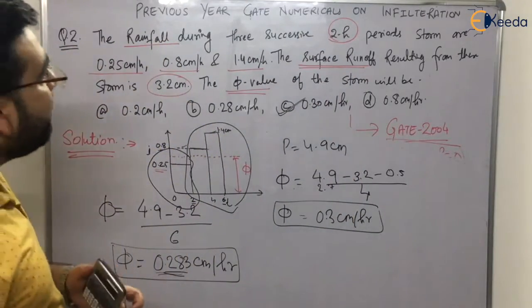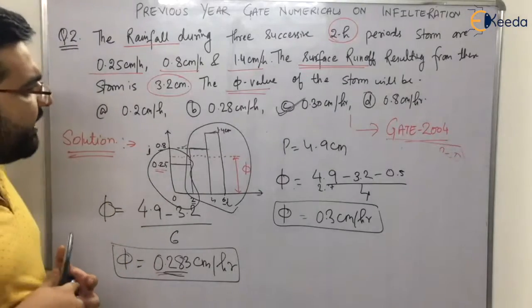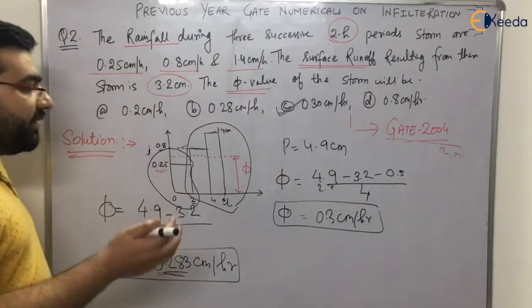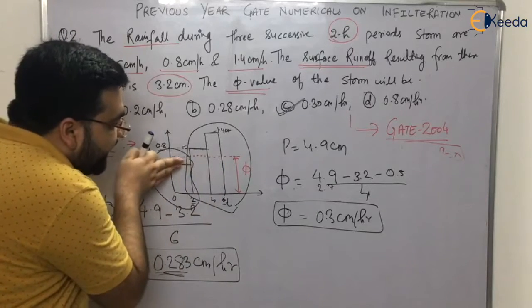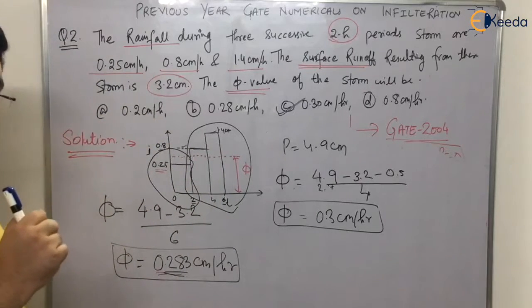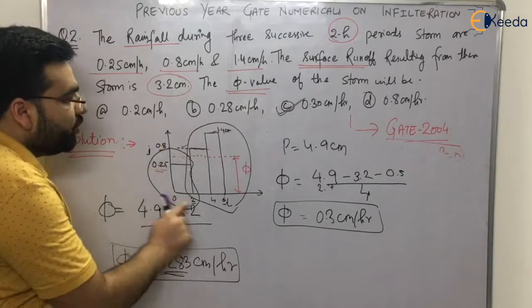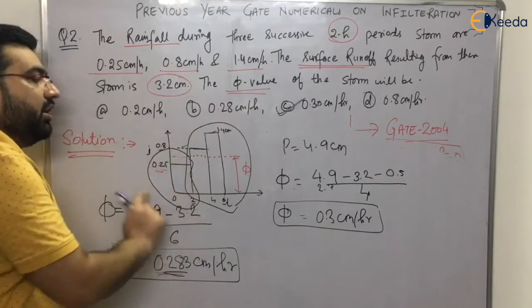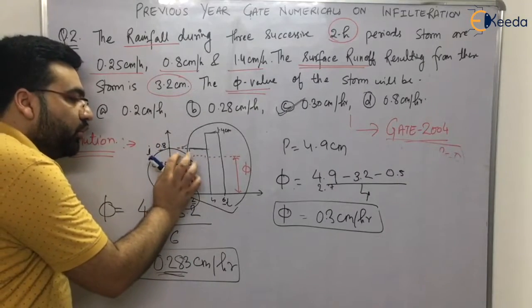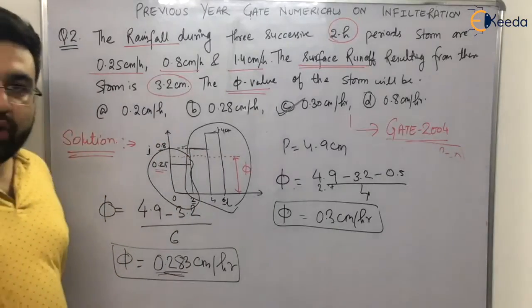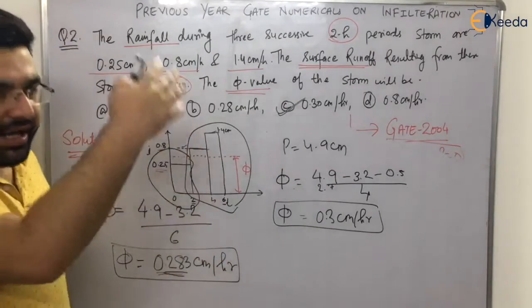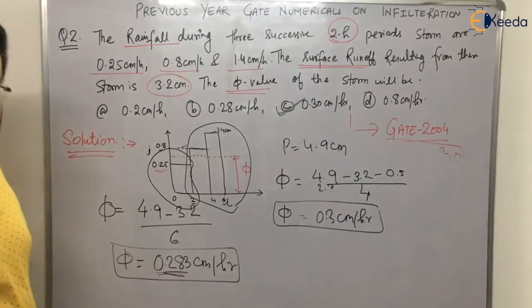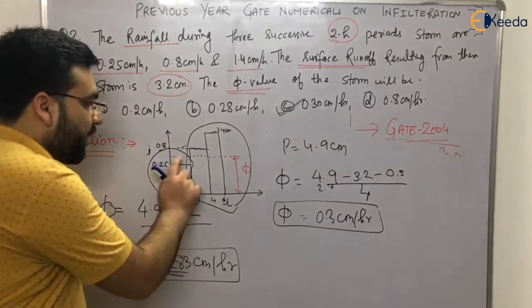So I hope that you have understood this numerical also. It was a very straightforward, simple numerical. Only one concept was there: if the phi index is greater than the rainfall intensity, then we do not take the runoff into consideration at that point of time. Because whatever precipitation is happening is going in the form of infiltration, right? So runoff will be 0 at this moment.